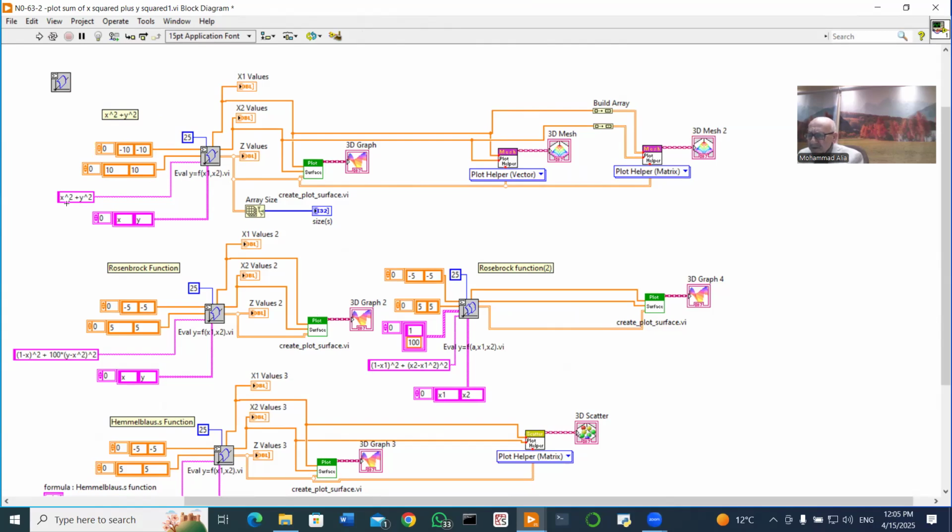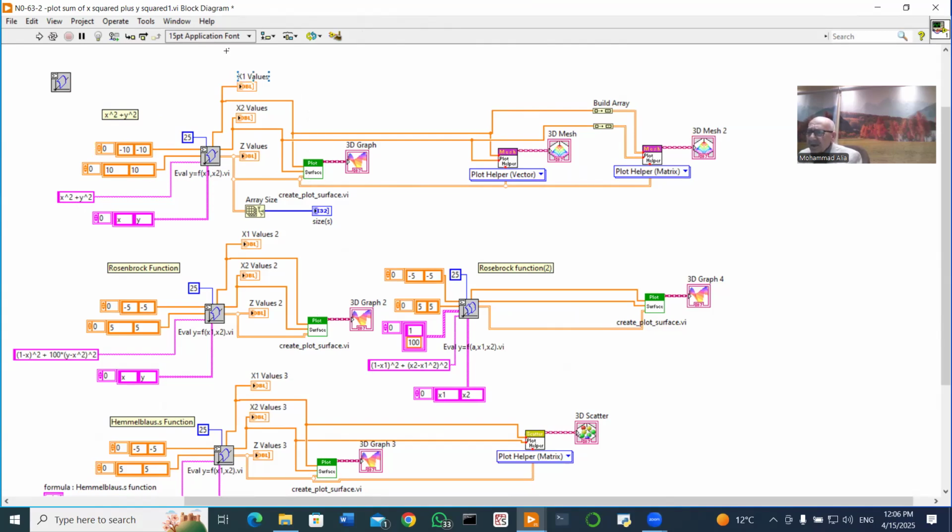It is x squared plus y squared. So directly we can take this data, in order to plot it, and feed it to the surface indicator here. And I told you how to find this in the previous lecture.